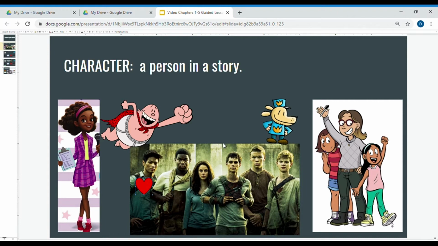So reminder that a character isn't always a person in a story. Sometimes a character can be an animal, or sometimes it's an idea, and sometimes it's even a setting. A really good example of a setting being a character in a story is actually in The Maze Runner, the first book, because that maze truly acted as a character that drove the plot of the story.